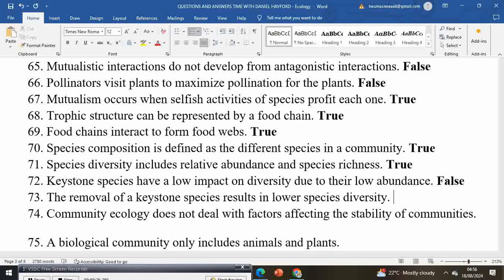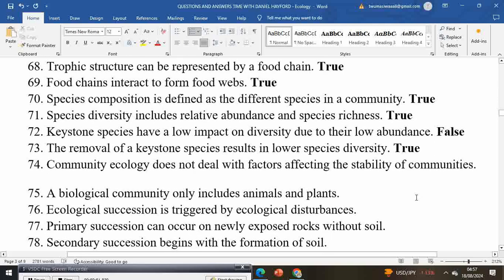Is it true or false? Question number 73. It is true. The removal of a keystone species results in lower species diversity.